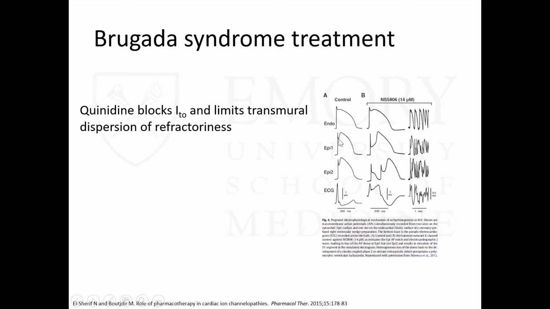In patients who have Brugada syndrome, for reasons that we don't understand very well, the activity of ITO, particularly in the right ventricular outflow tract, seems to be more heterogeneous than it should, and that can lead to reentry arrhythmias. And quinidine, by blocking ITO, can suppress arrhythmias in the setting of Brugada syndrome. So that's the important thing to remember about quinidine: it blocks ITO and it can be used to treat Brugada syndrome.